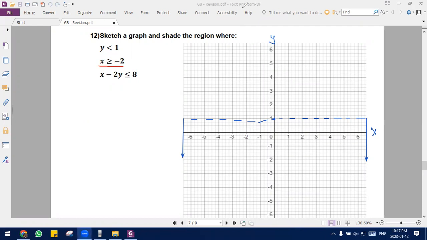It's a solid line. It says x greater than or equal to minus 2. Greater, so to increase the value of x, I should go to the right side. So it will be a positive value. So x greater than minus 2 means we should go to the right side.